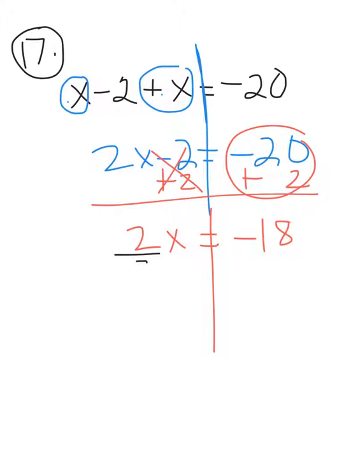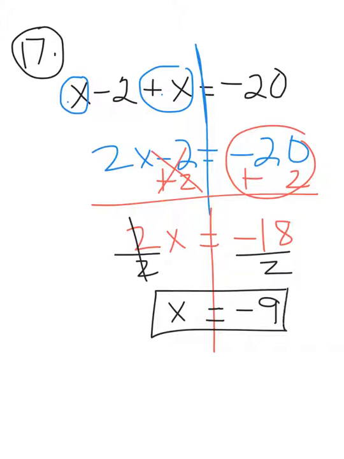And then I'm going to divide by 2, divide by 2. X equals -18 divided by 2 is going to be -9. Let me check that in my calculator. -18 divided by 2, -9.